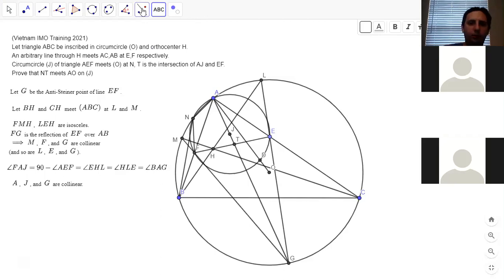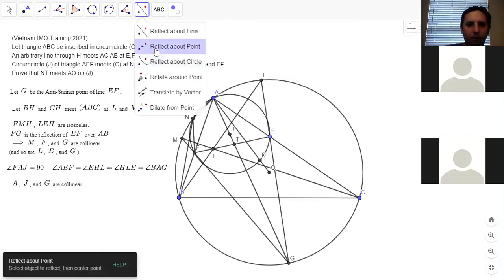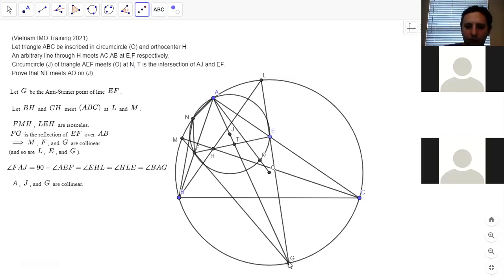So I'm going to let G prime be the antipode of G. And then I want to show a spiral similarity takes AF. Can I show that triangle AFE is similar to G prime BC? Because that would solve it if I could show that.